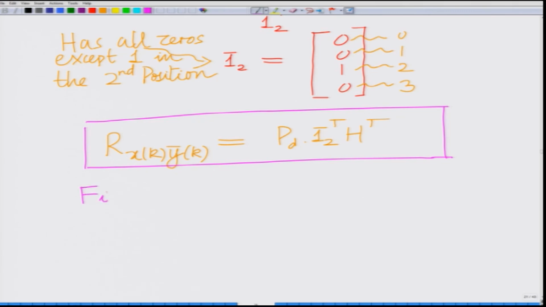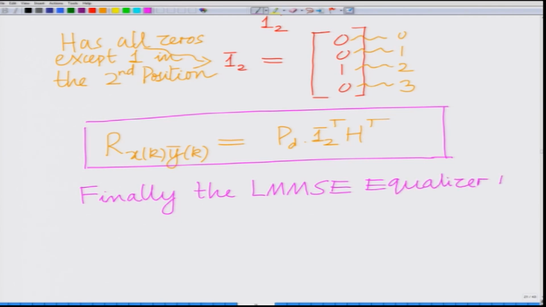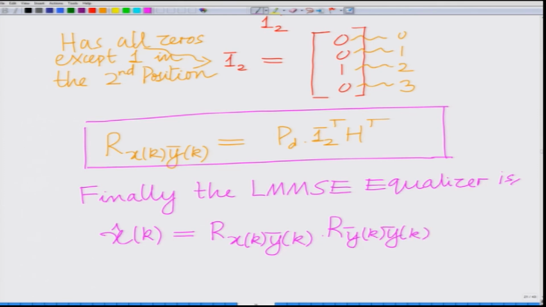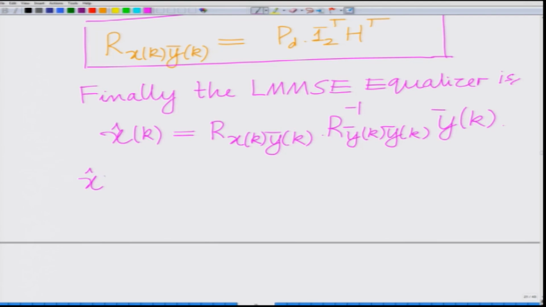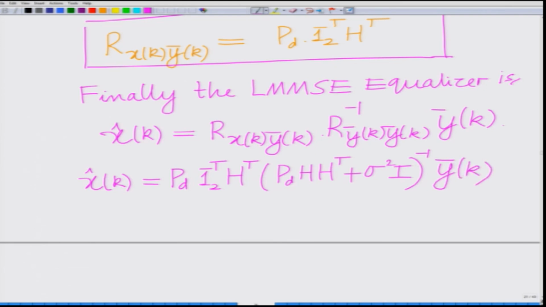Finally, the MMSE equalizer, the LMMSE equalizer: x hat of k equals R x k y bar of k into R y bar of k inverse into y bar of k, and therefore, x hat of k equals P d 1 bar 2 transpose H transpose into P d H transpose plus sigma square identity inverse into y bar of k.